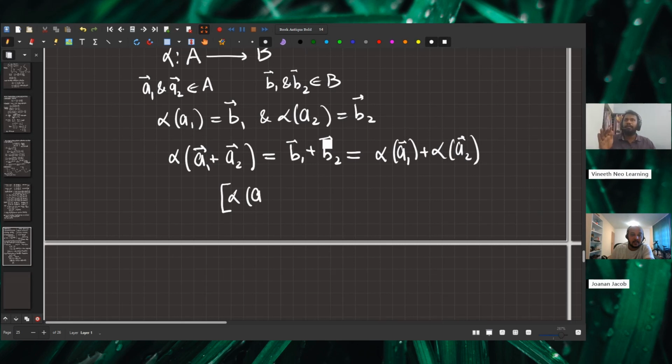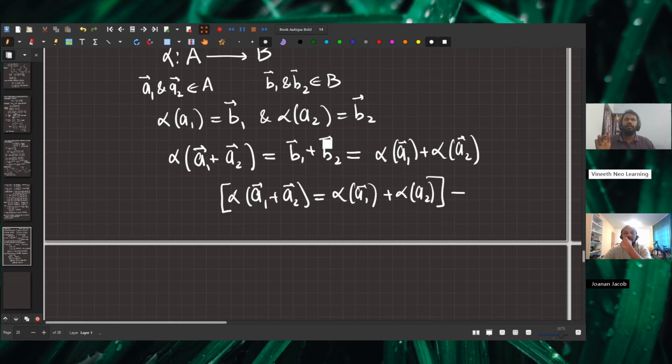Let's write alpha of A1 plus A2 equals alpha of A1 plus alpha of A2. This is the homomorphism condition, or linear transformation condition. There is also another condition that should be included here.